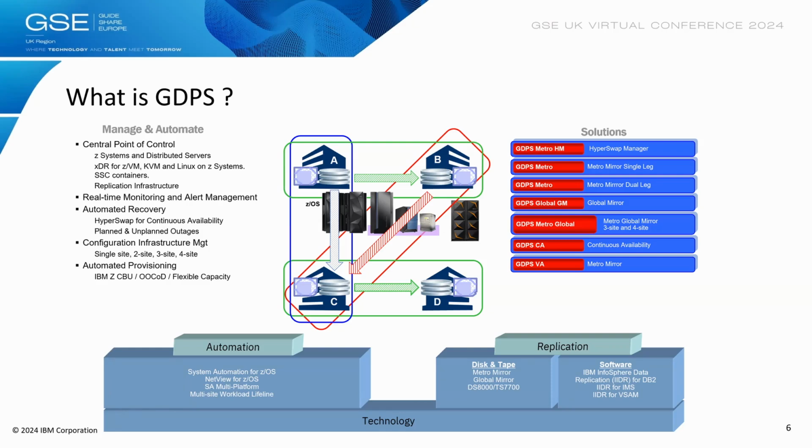GDPS also provides automation for planned or unplanned outage through user-defined scripts. So this is a very key point of GDPS, and this is where we have all the automated procedures that I talked about on the previous slide. You can plan in advance for what procedures would need to be applied to your IT environment in case of a planned or unplanned outage by defining GDPS scripts to be executed in such an event.